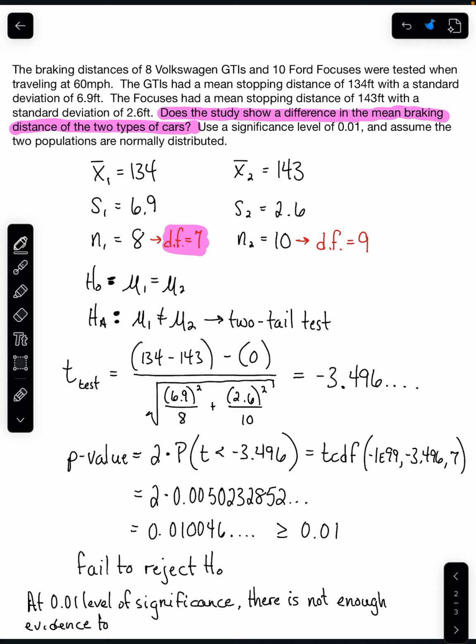We just asked, does the study show a difference in the mean breaking distance? And in this case, based on the decision to fail to reject h sub 0, that means we are accepting h sub 0. We are believing that they are indeed equal. So we'd say there's not enough evidence to show a difference in the mean breaking distance.